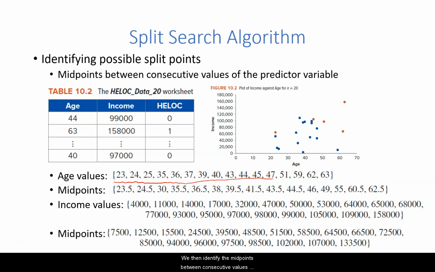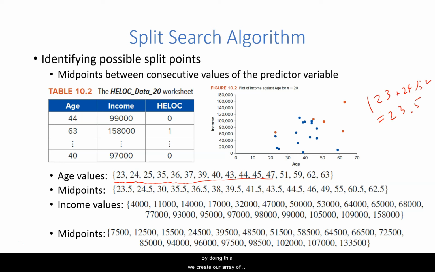We then identify the midpoints between consecutive values of age. To compute the midpoints, we add the two consecutive values up and divide the sum by 2. For example, the midpoint between 23 and 24 would be 23 plus 24 divided by 2, which is 23.5.